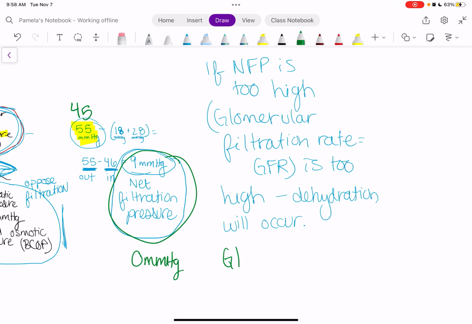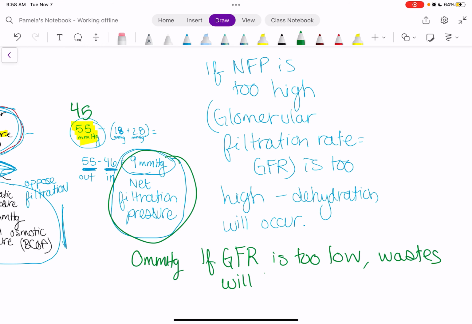So if GFR, our glomerular filtration rate, is too low, wastes will build up in the blood.